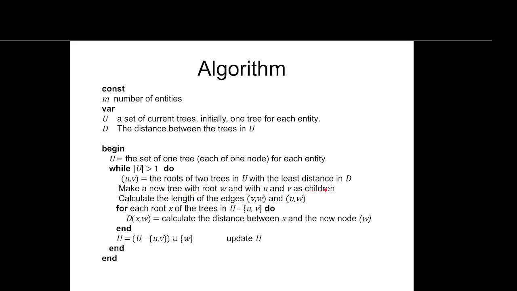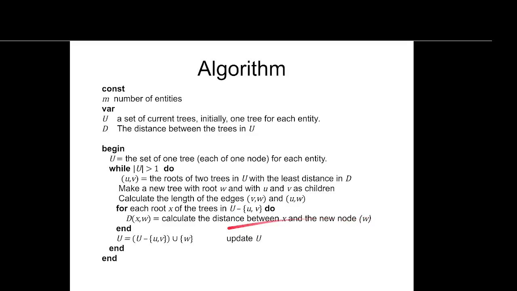We calculate the length of the edges for layout between V and W and U and W. And now for each root X in U without U and V, we do the following. We calculate the distance between X and the newly created W as the distance between X and that new node. For that, the so-called linkage method will come into play, which I'll explain on the next slide.